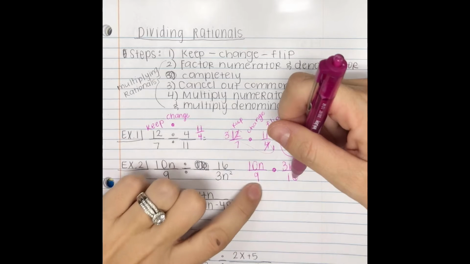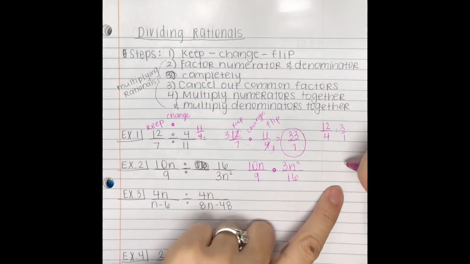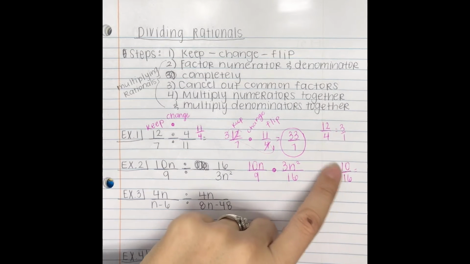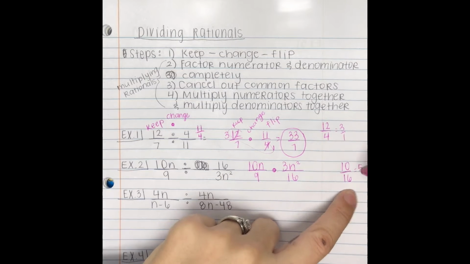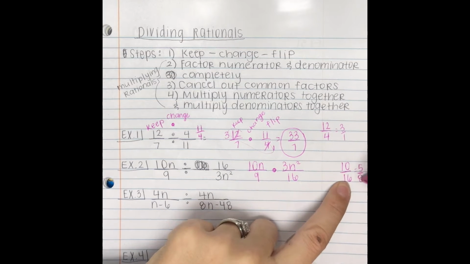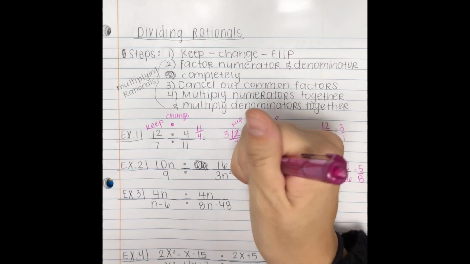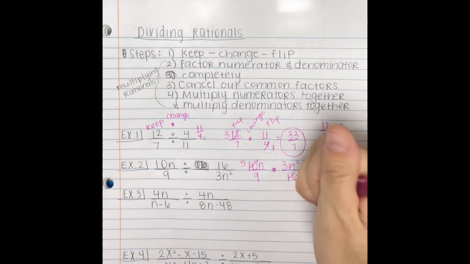So 10 over 16 will simplify. 10 over 16, both numbers are divisible by 2. So 10 divided by 2 is 5, and 16 divided by 2 is 8. So we're going to replace this with 5 and this with 8.